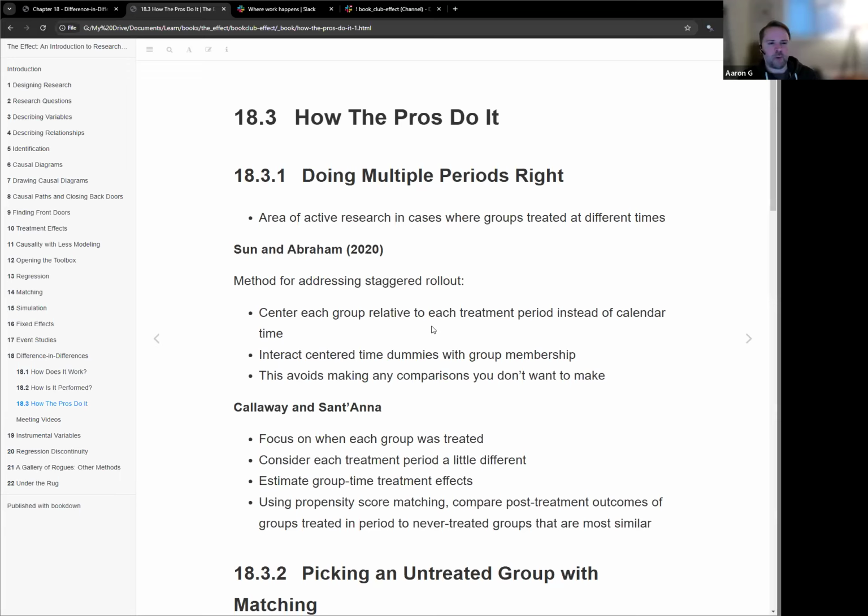And that way you're centering things appropriately across different treated units. He calls out one study from 2020 by Sun and Abraham that does this. And then the authors interact these centered time variables against group membership. And that kind of cleans up the issue, apparently, where you're dealing with treatments at different times.